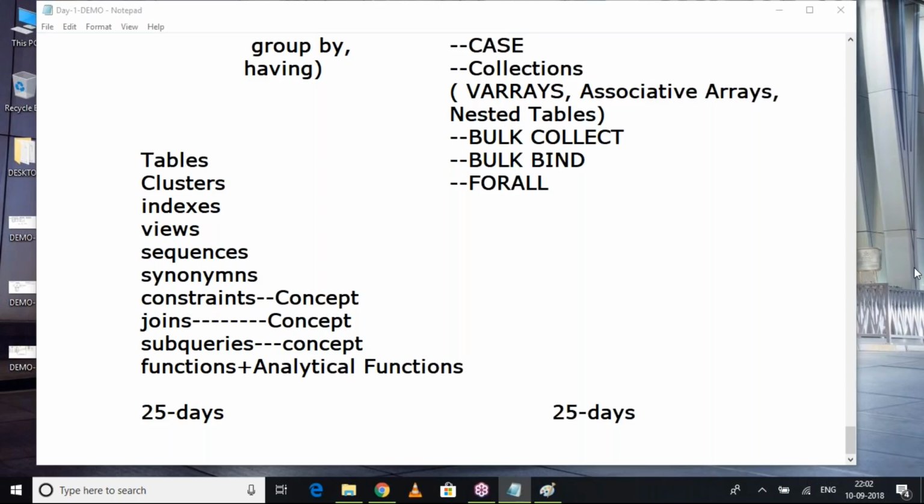Sir, what is the difference between this RDBMS and some applications, like Oracle Applications, Fusion, HCM, and Cloud? These also come under Oracle only, right? Yes, those are products from the Oracle company.